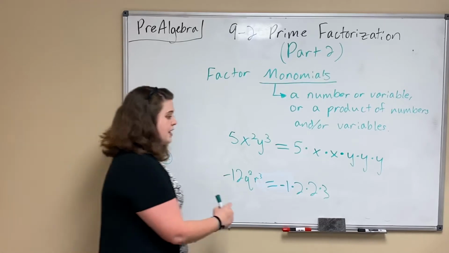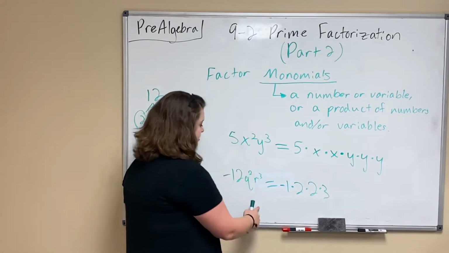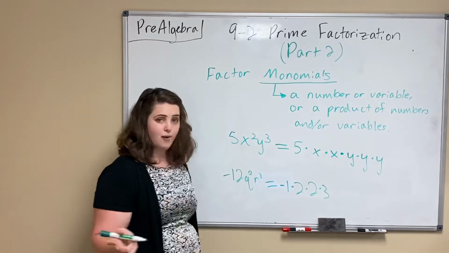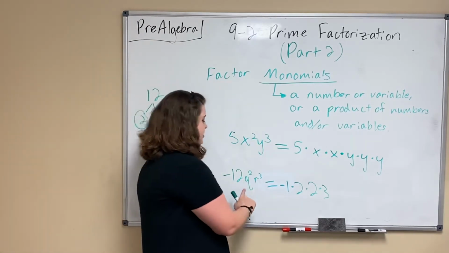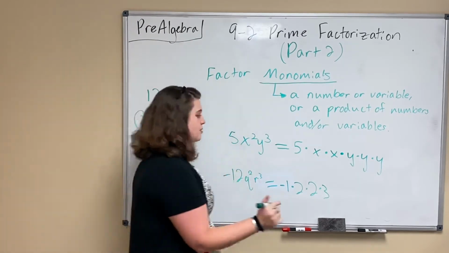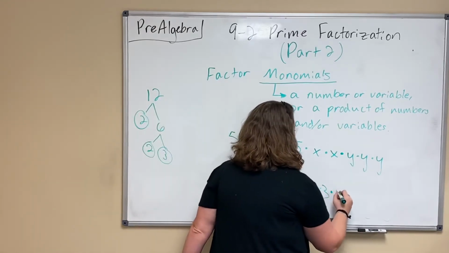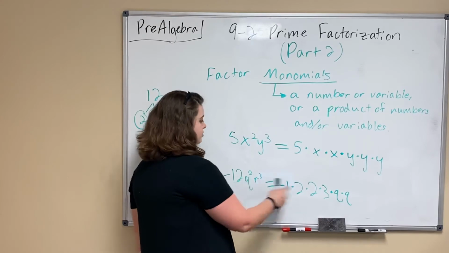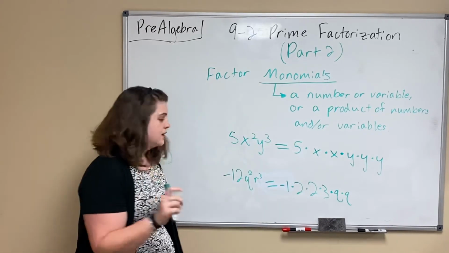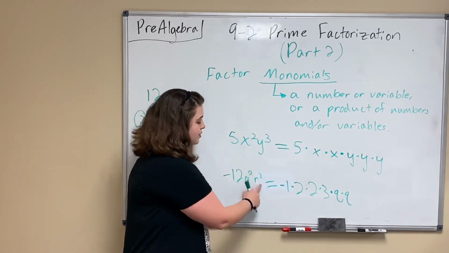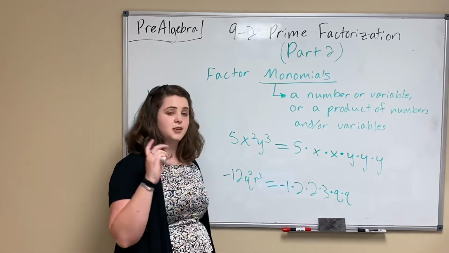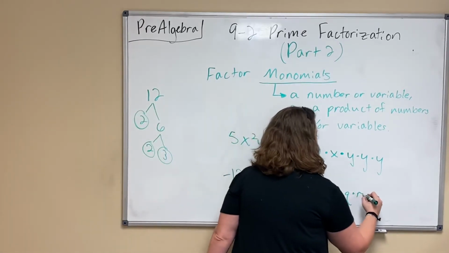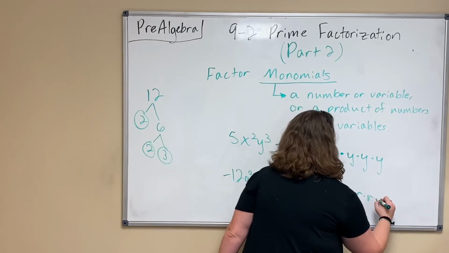Now that I've gotten that sorted, I'm going to do our variables. And we have q raised to the second power. So that means it's q times itself twice. So I'm going to put times q times q. Then I have r raised to the third power, which is going to be r times itself 3 times. So I'm going to go times r times r times r.